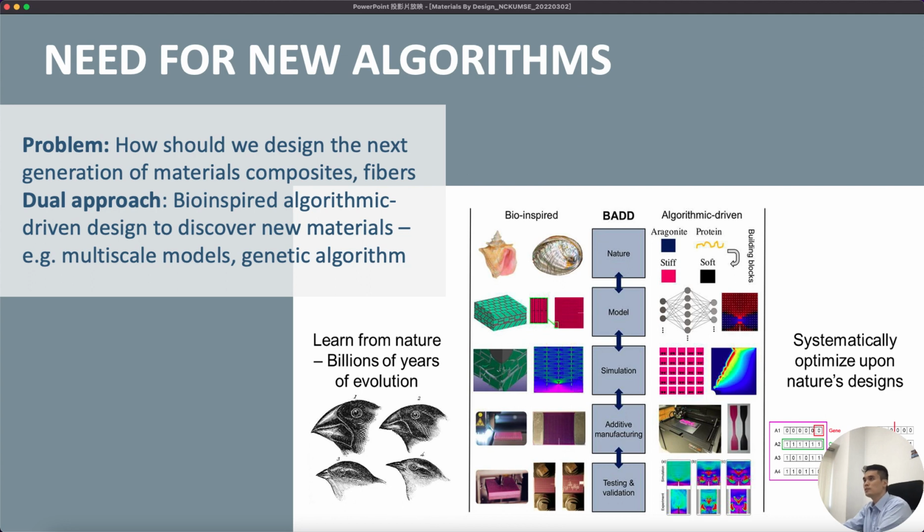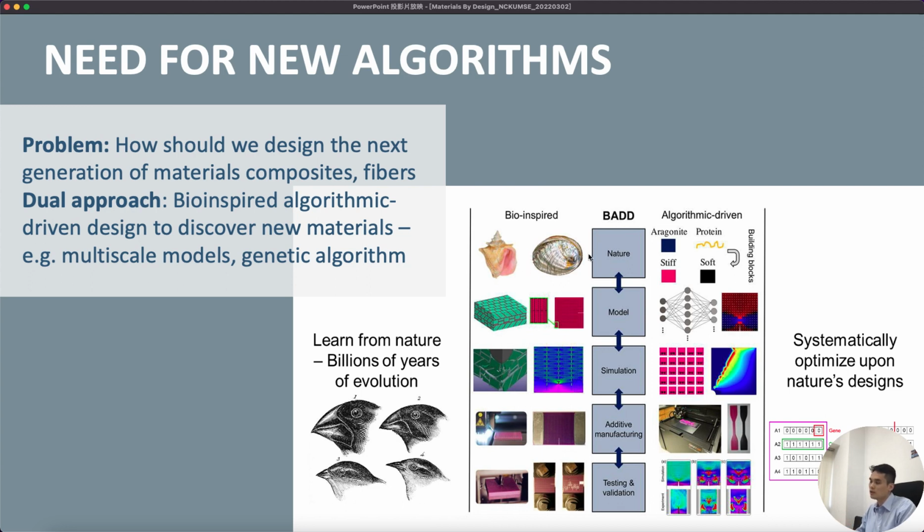The problem is, how should we design the next generation of composite materials? The way we can do it is to learn from nature. Nature has had billions of years of evolution. So we can look at biomaterials, like anchors.